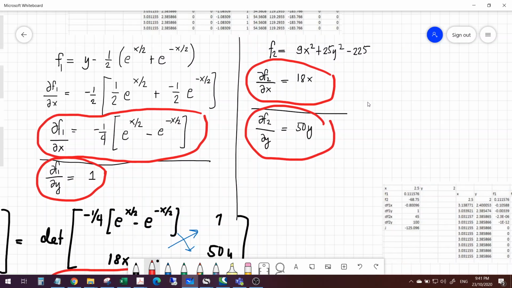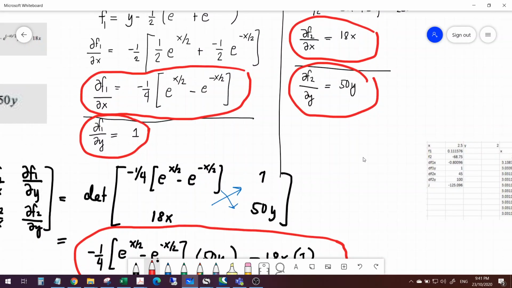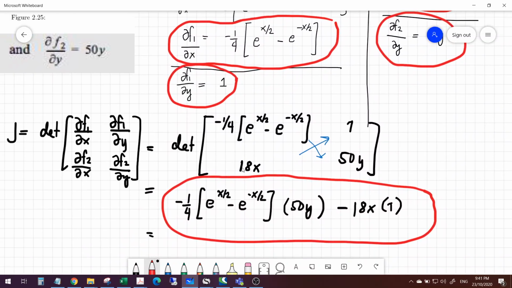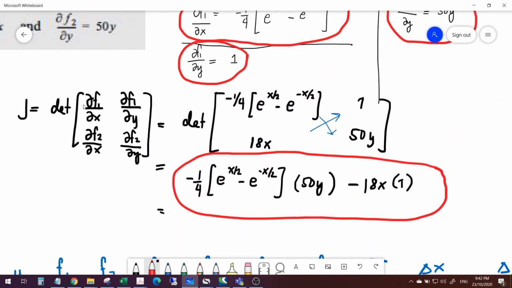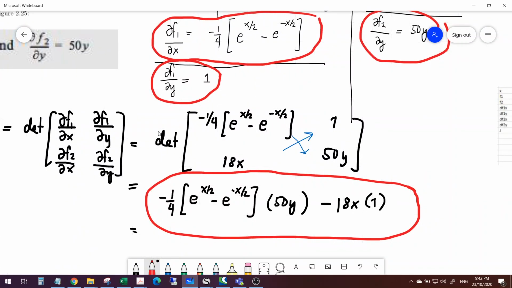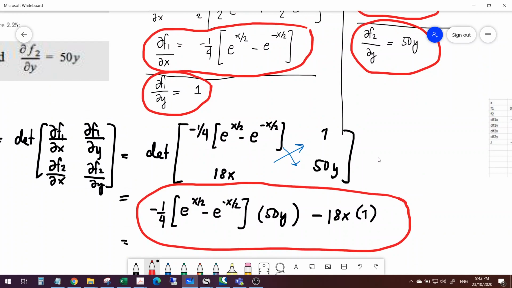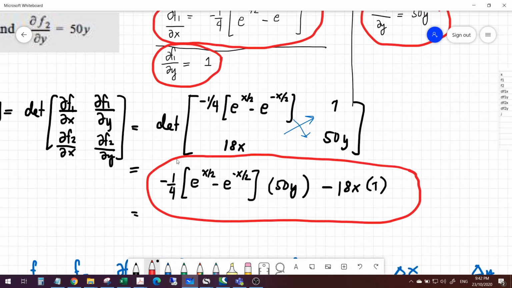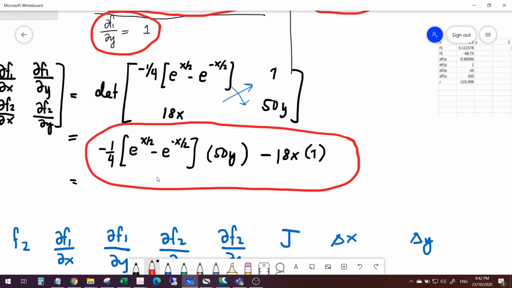Okay, so after that we can now get the Jacobian, wherein the formula is the determinant of df1 dx, df1 dy, df2 dx, and then df2 dy. So if you lay down the corresponding df's here and then perform the determinant, you will get this as the Jacobian.